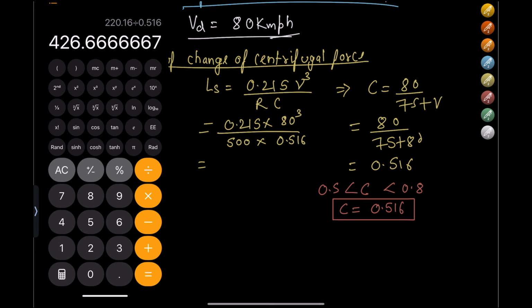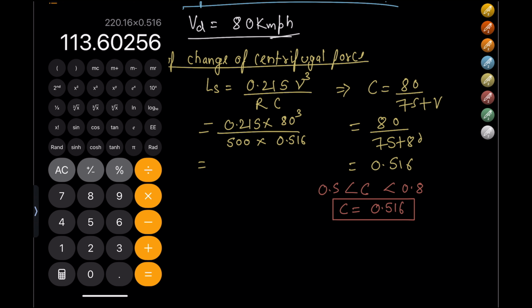The value is coming out to be 426, which is wrong. We'll have to calculate again. 80 cube multiplied by 0.215, divided by 500, multiplied by 0.516. The value is coming out to be 42.16.